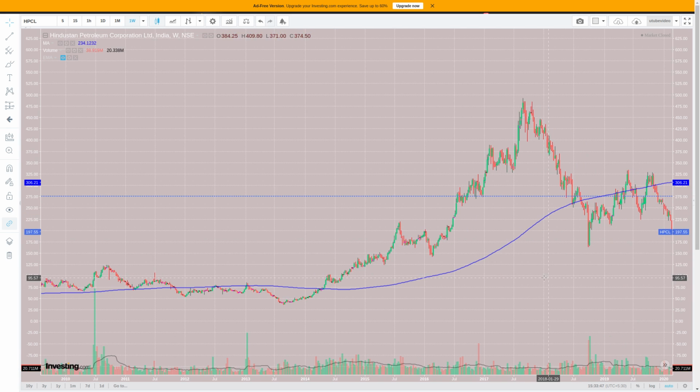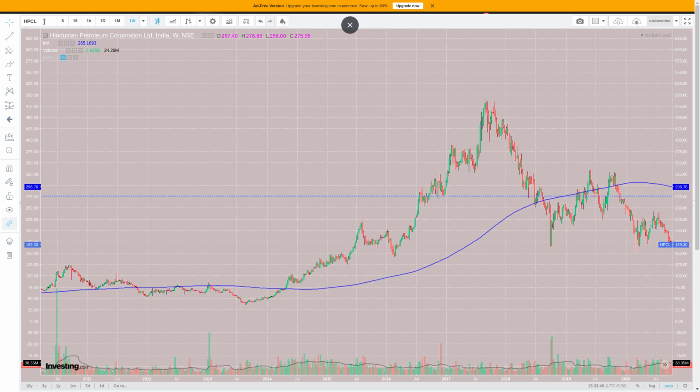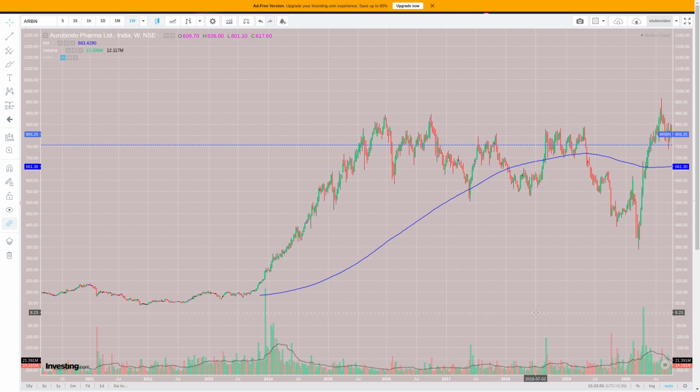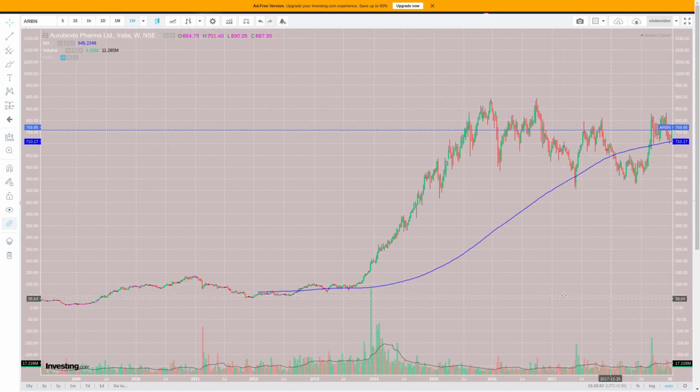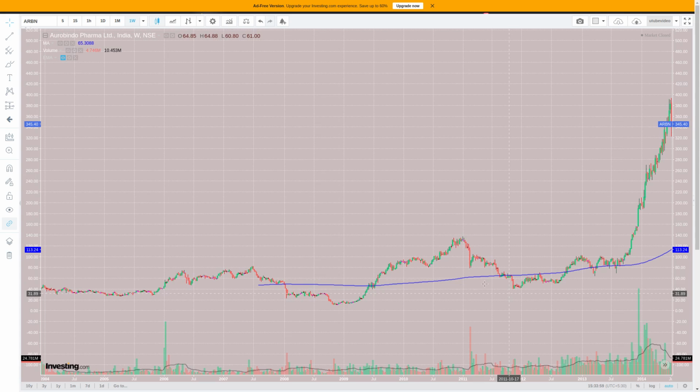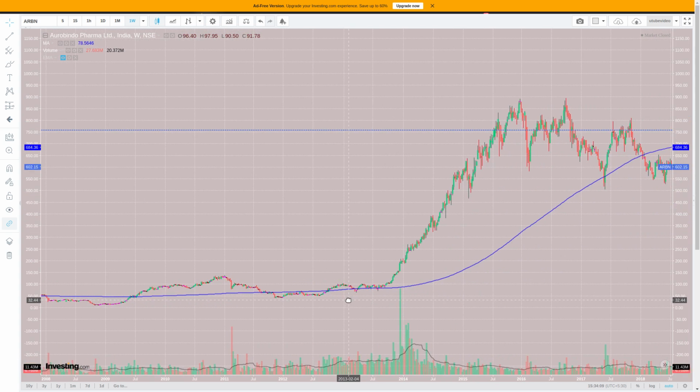So this was one of the companies, and the second company which I wanted to show you is Orofarma. So here Orofarma was, you can see it was dancing. From here a good move came. Then again it came towards this particular SMA multiple times, which actually makes it weaker.